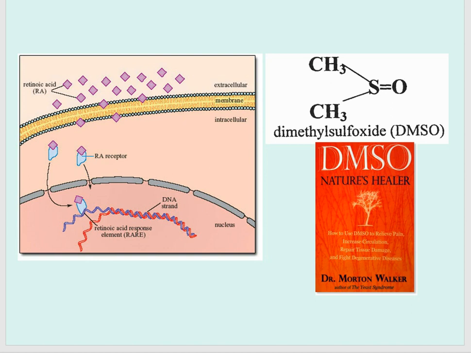The retinoic acid receptor translocates into the nucleus, where it binds to specific RARE elements. That stands for retinoic acid response elements. And these elements, wherever they are, whichever gene they are on, are going to then get activated, and those genes will get activated in return and transcribe the genes and proteins responsible for differentiation.